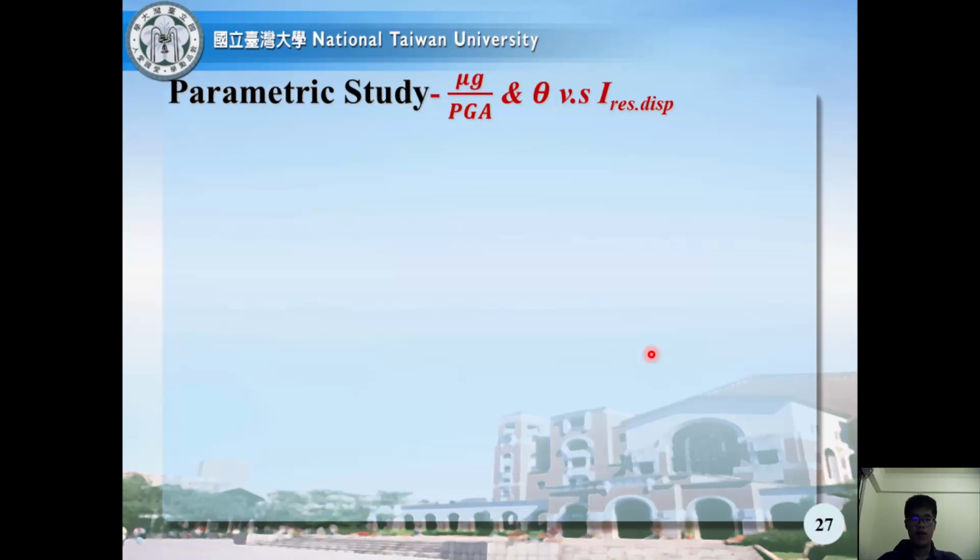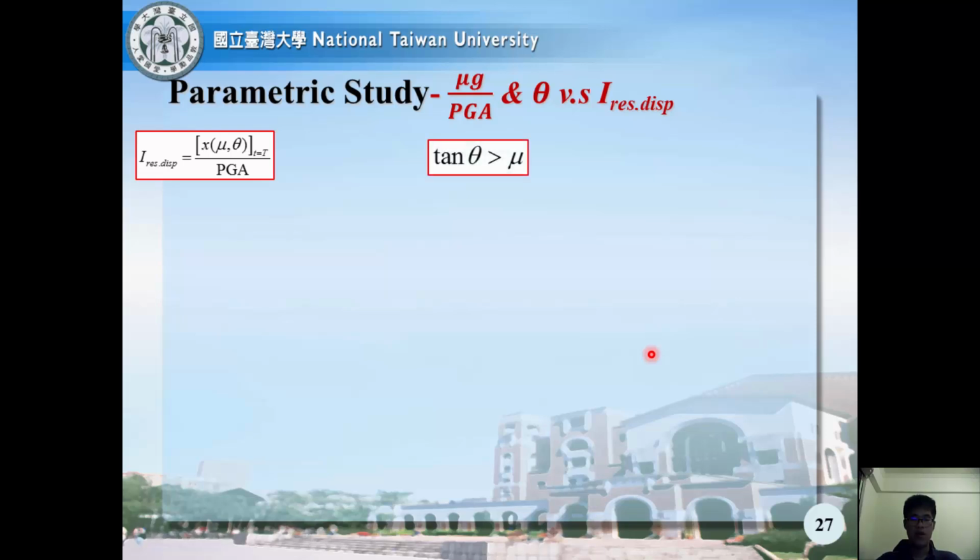And finally, I'm going to discuss the influence of the system parameters toward the residual displacement. This is a residual displacement index, which can be represented as the residual displacement over the PGA.